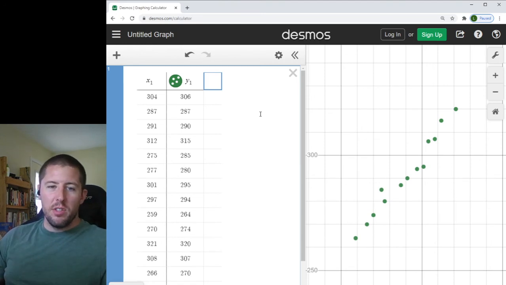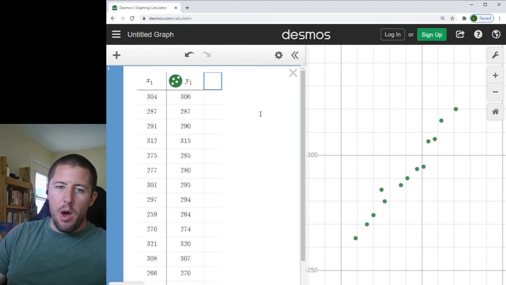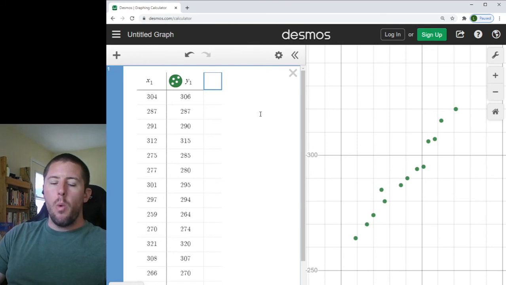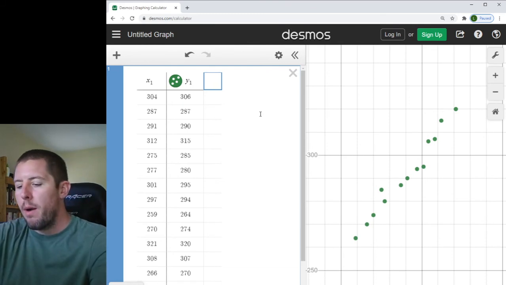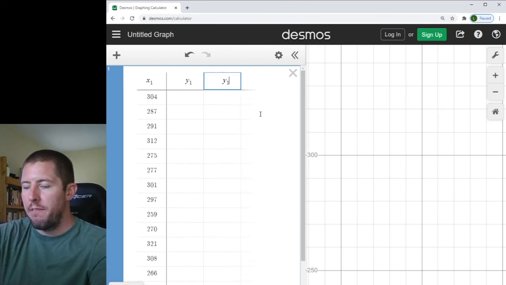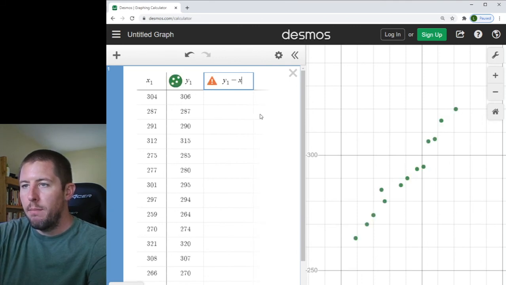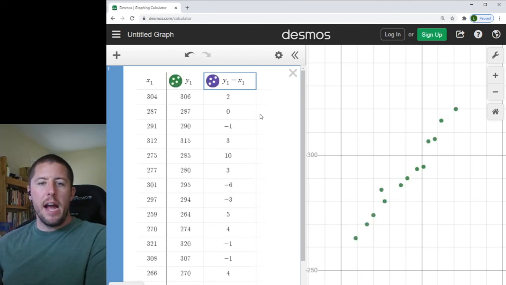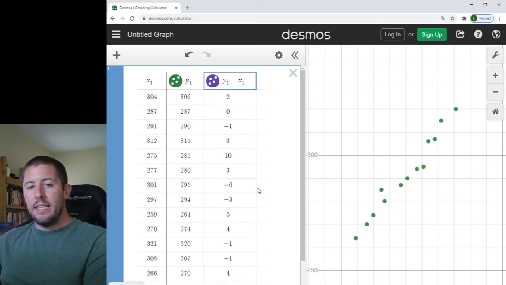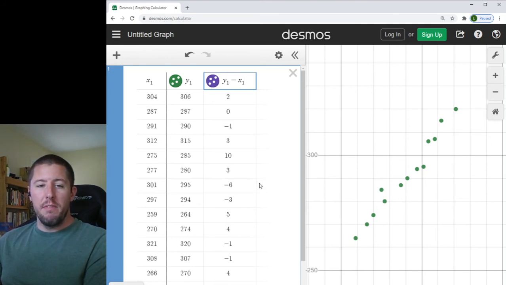We can change those labels. I'm just going to leave them alone right now. Again, X1 is my before, Y1 is my after. So I want my new column to be my after stuff minus my initial stuff right there. I could just literally type y1 minus x1, and it just did all the subtractions for us in this column, right? So thing one that's really cool is that Desmos can do some of these column manipulations that we might want to do.